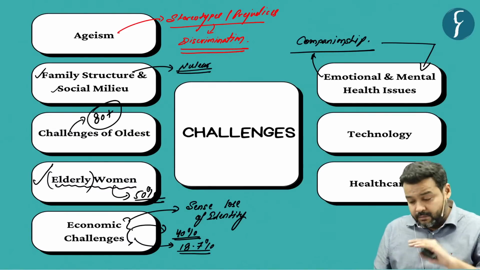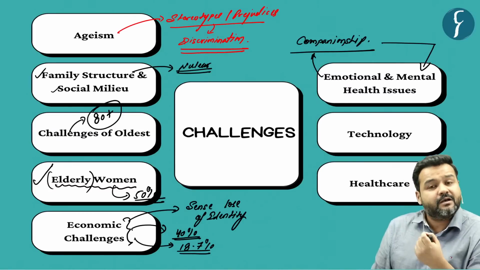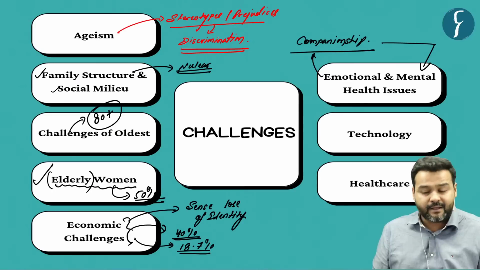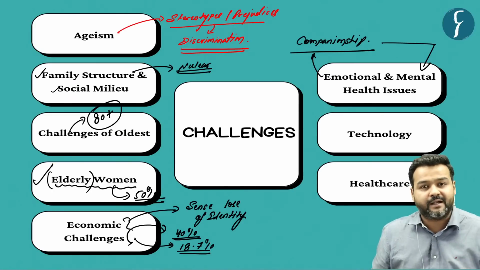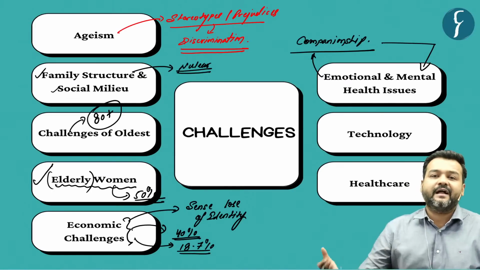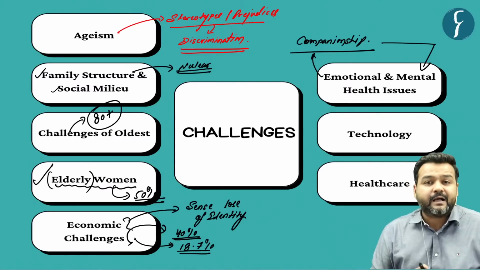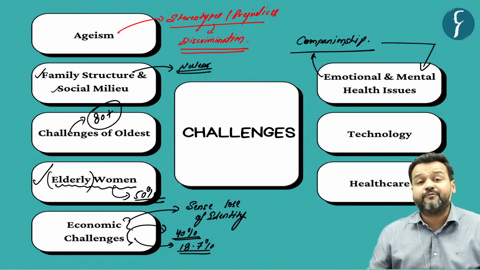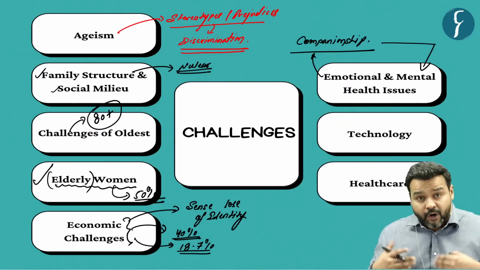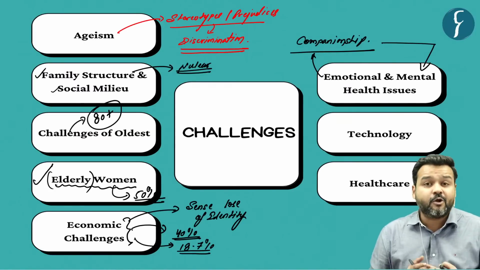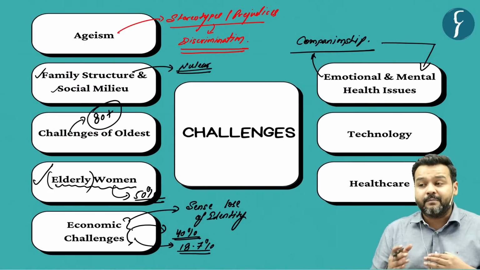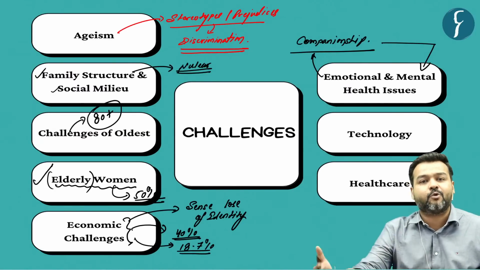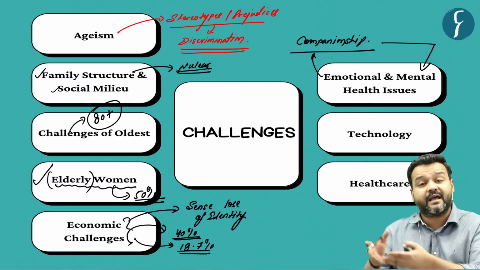Now, mental health issues are a stigma for the younger population in India. Think about the elderly. They are completely neglected at first, or if they want to get treated, they will not speak up to their family because of the fear that they will be thrown out, because that would be an added burden.